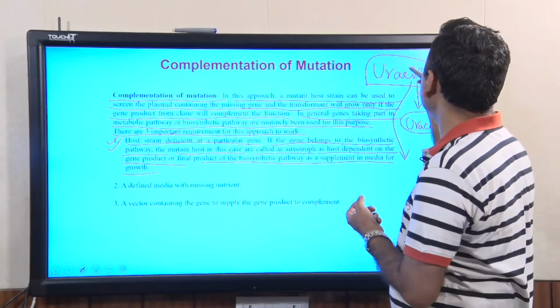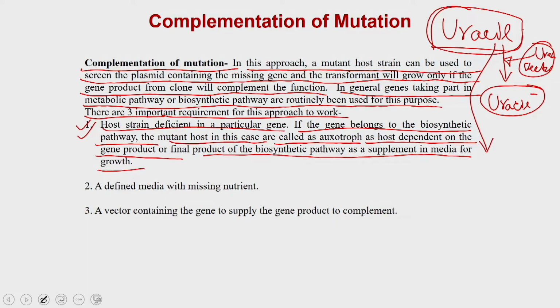For example, if you are using yeast and uracil, then the host is going to be an auxotroph for uracil. The second is you should have a defined media which should not contain that particular nutrient which you are using for screening purposes, which means it is going to have the missing nutrients.